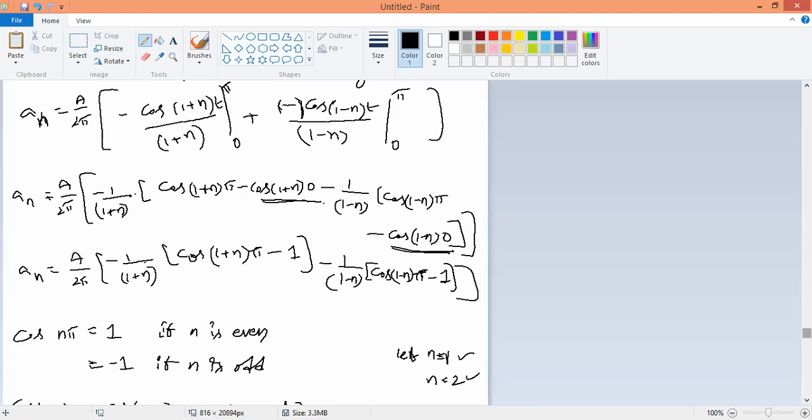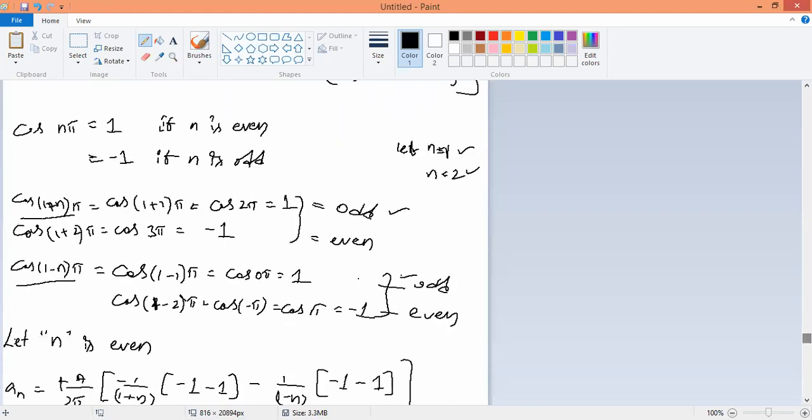What is the cos n pi value? If n is even, cos n pi equals 1. If n is odd, cos n pi equals minus 1. In the same way, let n equal 1, let n equal 2.